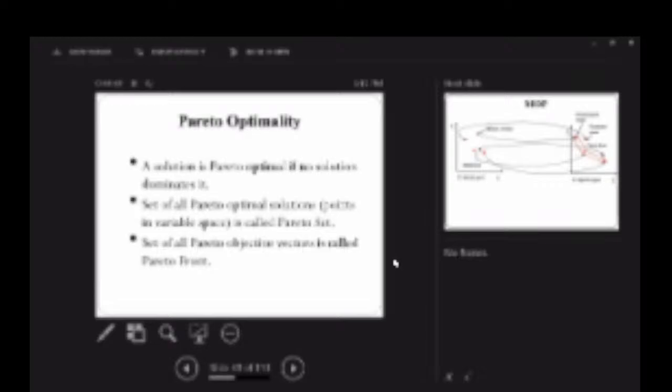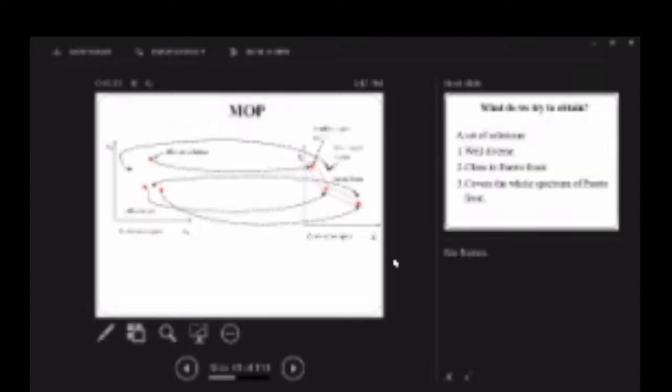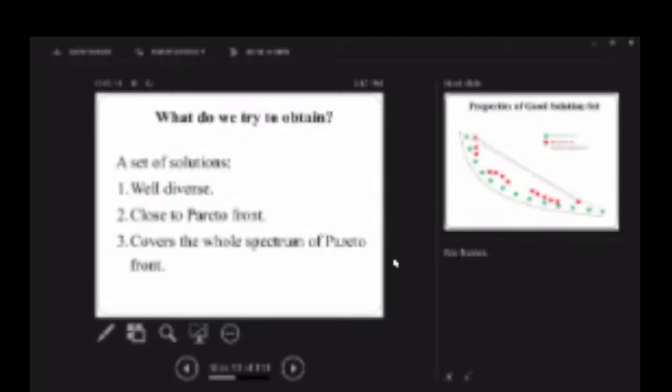That is the first point. The set of all Pareto optimal solutions in the variable space or decision space is called the Pareto set, and the set of all Pareto objective vectors is called the Pareto front. So there are two: one is decision space, one is objective space. In the objective space it is called the Pareto front, and here it is called the Pareto set. Next, there is a one-to-one mapping, which I already told you.